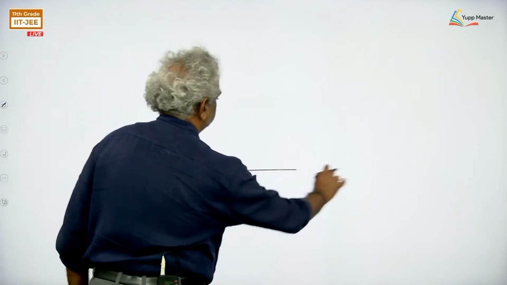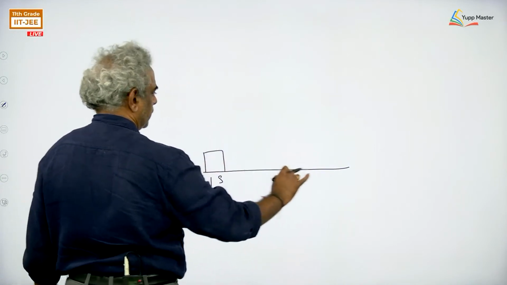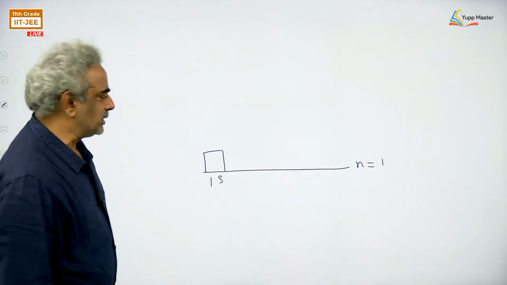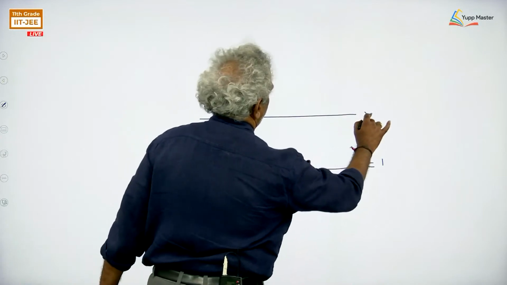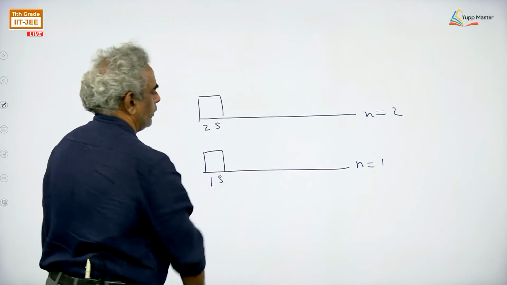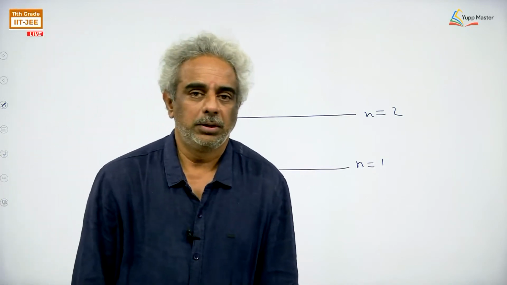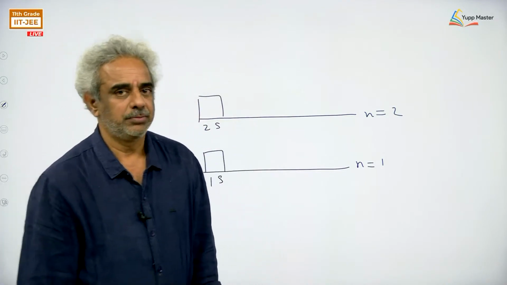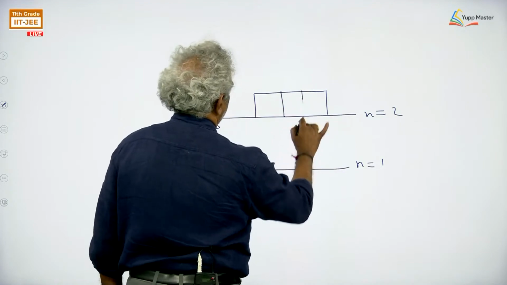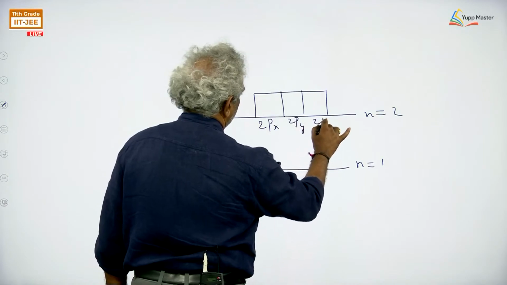You have 1s, n is 1. You have 2s. What else do you have? P, there are 3 p orientations. So you have 2px, 2py, 2pz.